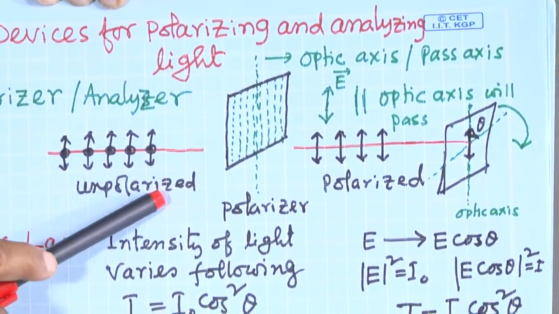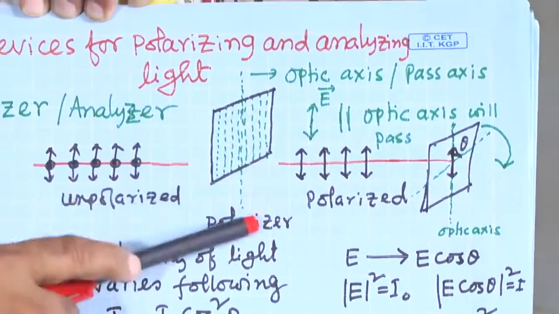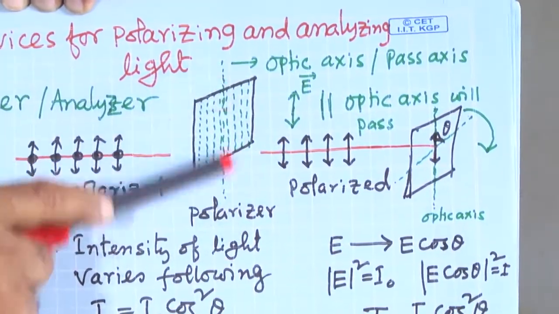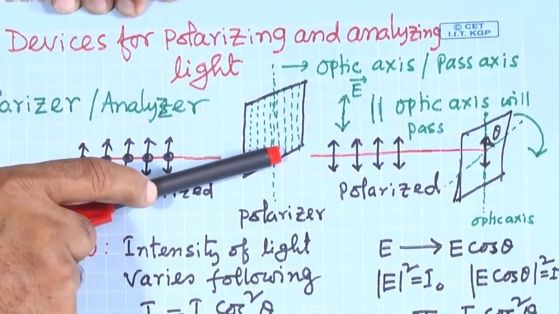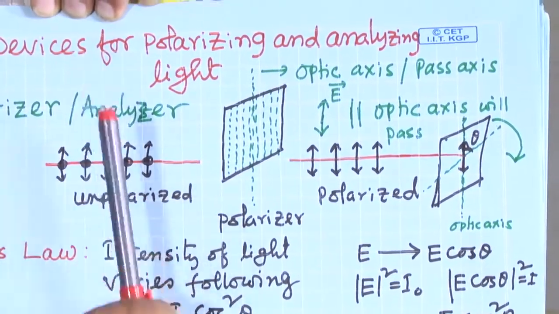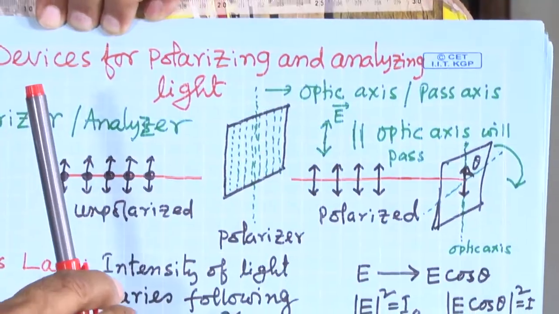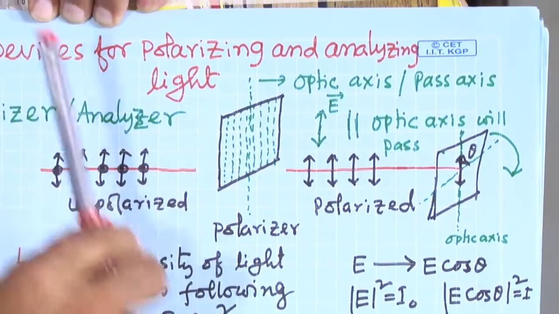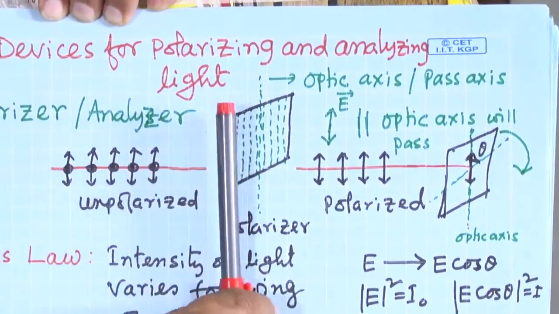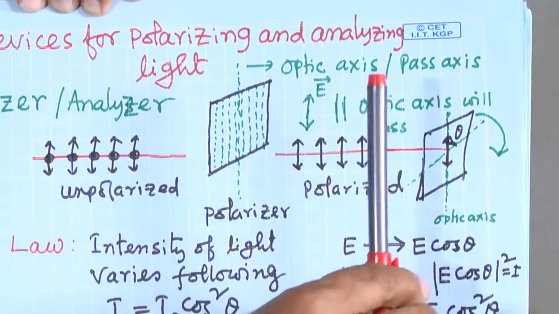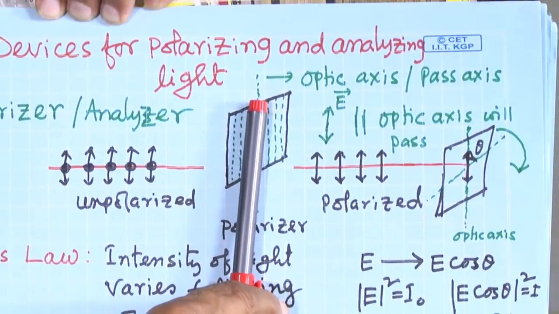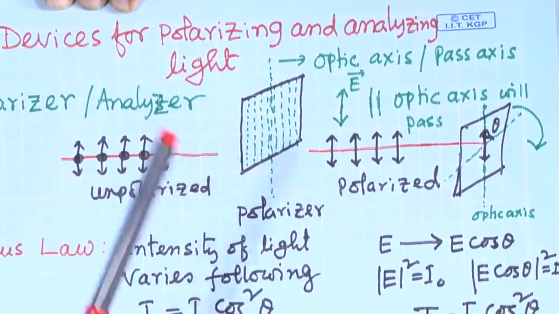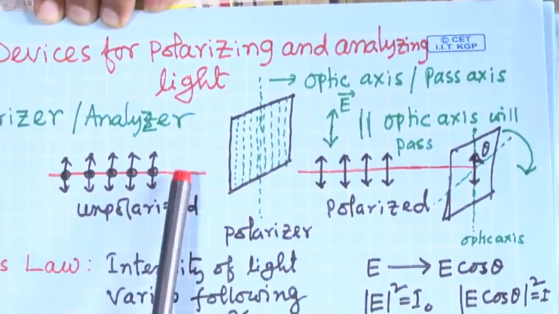The electric component passes through only when it is parallel to the optics axis. So, only the electric component parallel to the optics axis will pass through this polarizer. Other components will not be able to pass through it.